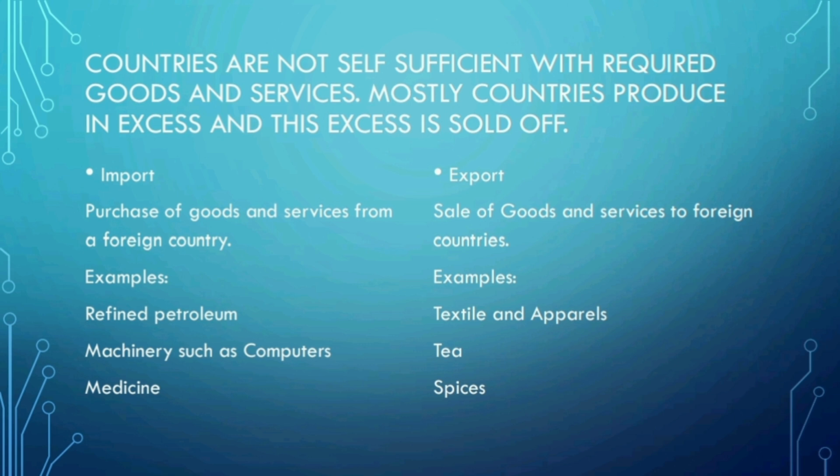Yes, right now we are growing them, but it takes a lot from us, and we have to use up a lot of cash investments. Beyond all of that, the consumer has to pay a massive price in order to eat these particular foods. So certain items cannot be done in your country. Okay, so we are not self-sufficient with required goods and services.